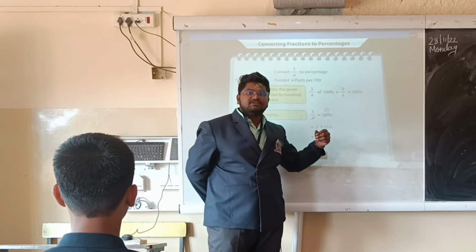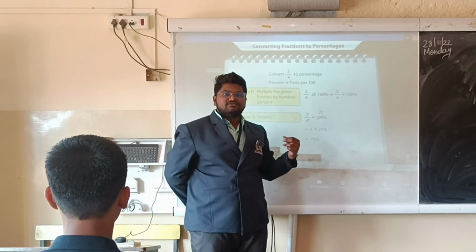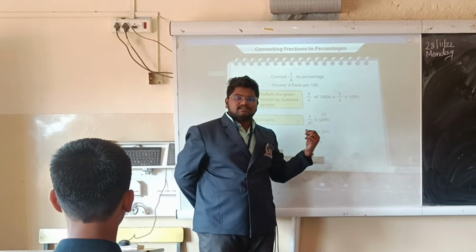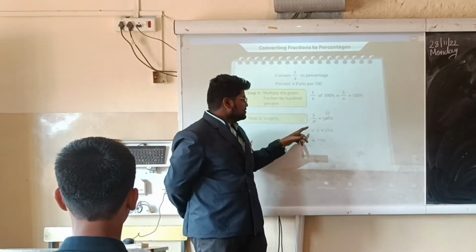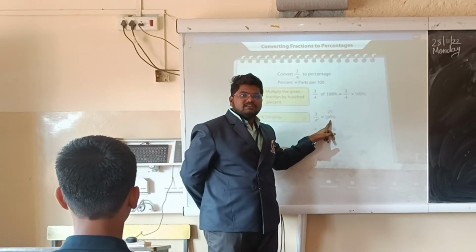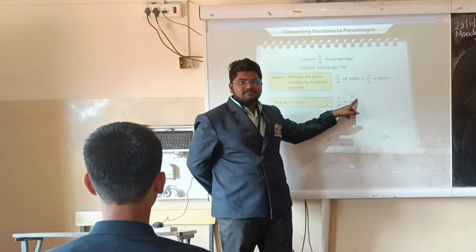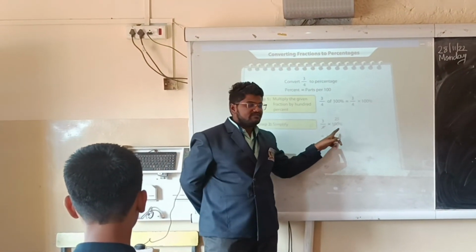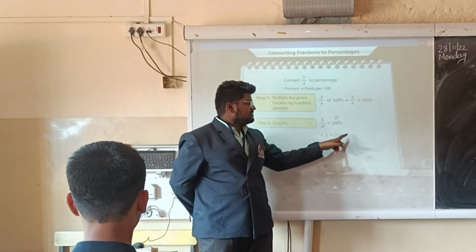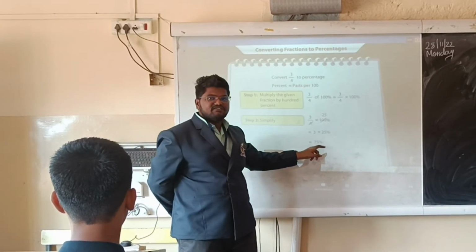Like 5 into 2 is 10, 5 into 20 is 100, 25 into 4 is 100. So we are going to directly divide 4 and 100 by 4. 4 ones are 4 and 4 25s are 100. Therefore, we have 3 multiplied by 25. After multiplying it in your rough work, you will get 75%.